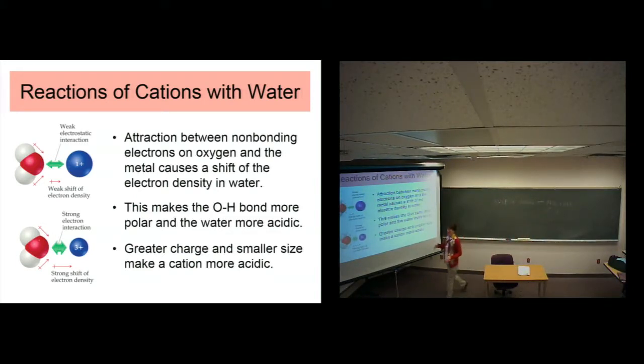But when you have a smaller, higher charge cation, what happens? Then what happens to the hydrogen ion? The hydrogen ion runs away. Now, if the hydrogen ion leaves, what does that make my solution become? More acidic. Yes. So some cations do make the solution acidic. Some do not.